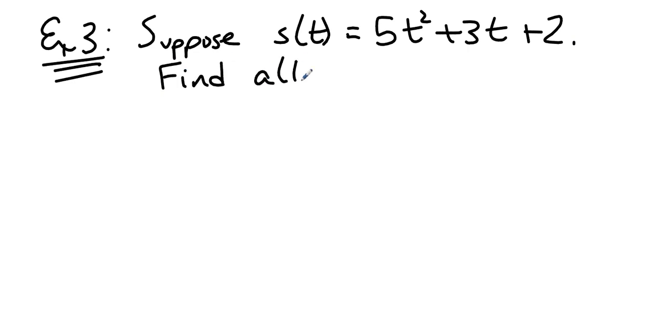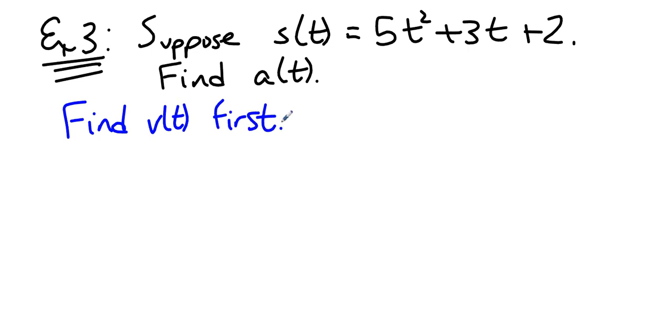Find the acceleration function. Well, how do you get to acceleration from position? First, you find velocity, because the derivative of position is velocity. Velocity talks about how position is changing over time. So the derivative of position is velocity. How do we do that? Well, that's s prime of t.